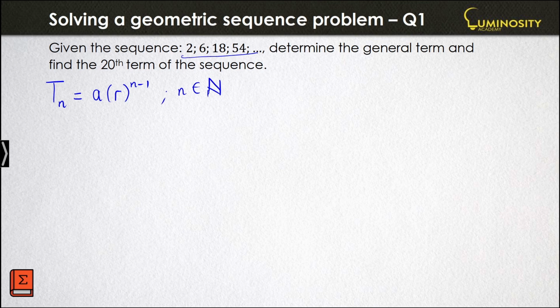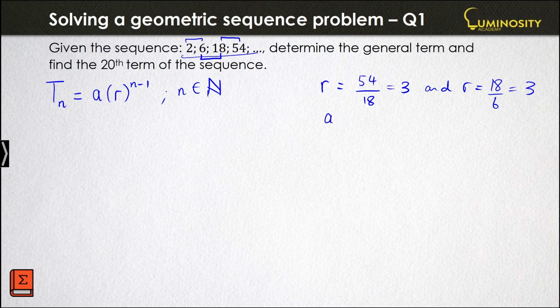My constant ratio r: if I take the ratio of the fourth term to the third term, that's 54 divided by 18, which is 3. And I can check that the ratio of the third term to the second term, 18 divided by 6, is also 3. If I even check 6 divided by 2, that's also 3. So our constant ratio appears to be 3 in this case.